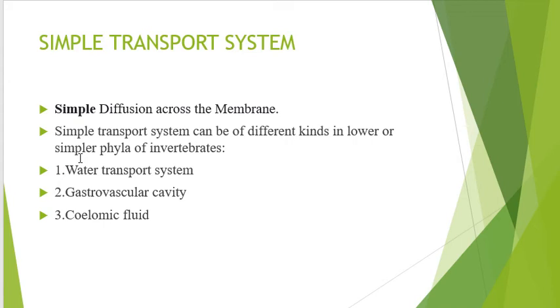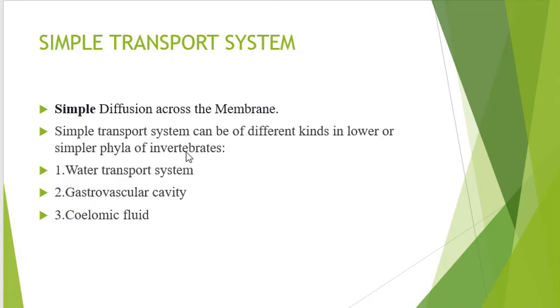In complex transportation, as we know, in living organisms there are three major factors or systems for transport of material: diffusion, active transport, and osmosis. In simple transport, only diffusion is involved, and in complex transport, all three are involved. I mean, diffusion, osmosis, and active transport.